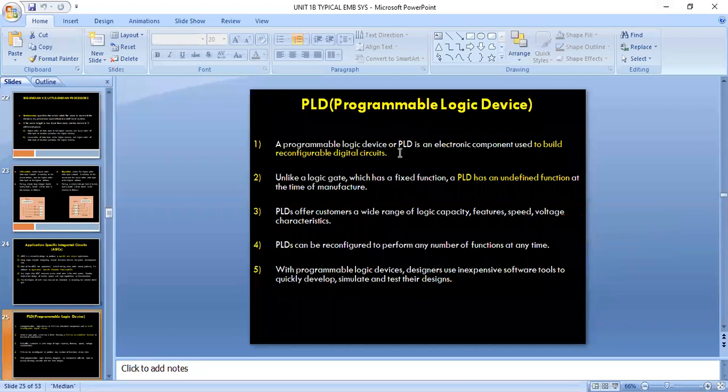That is about PLD. What it is: a programmable logic device is an electronic component used to build reconfigurable digital circuits. One more thing, the advantage with this PLD is, see, I told you, according to your water motors, you have programmed that for water tanks, and you are using it for many years.